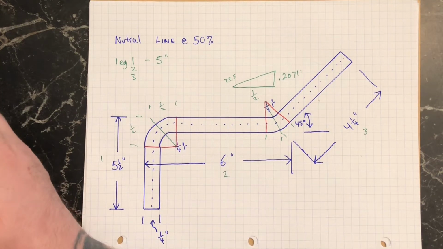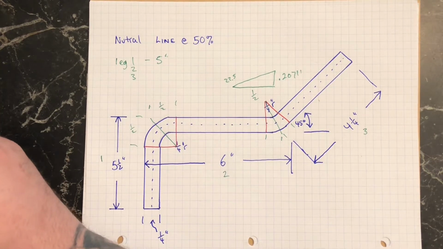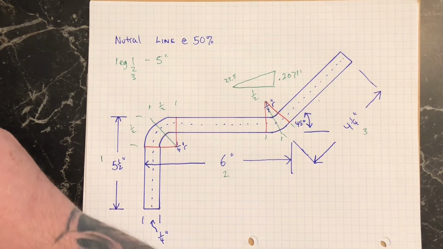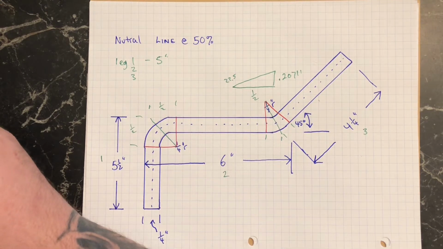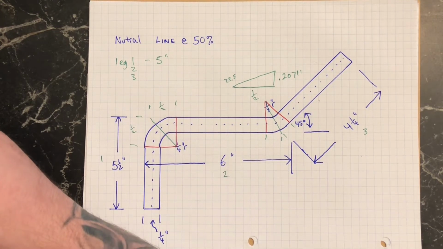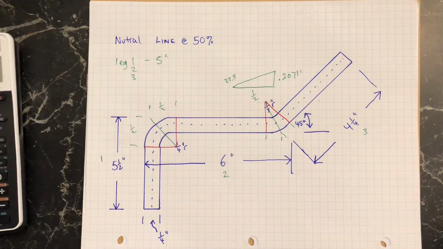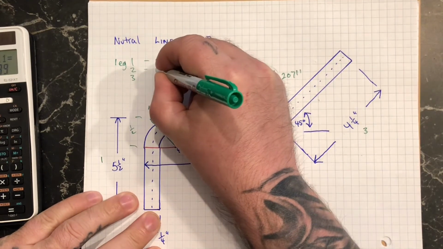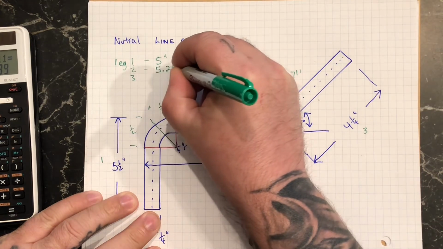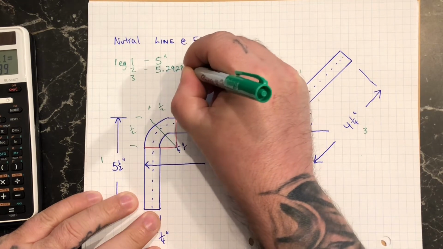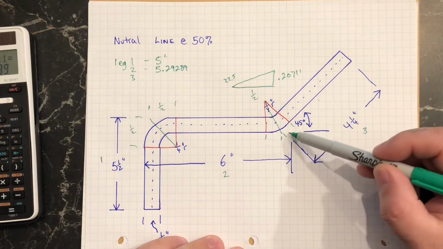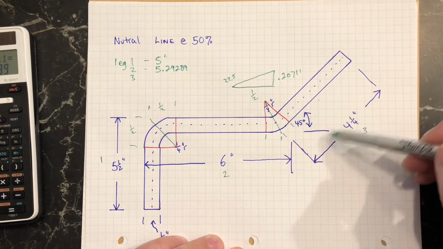So 6 minus 0.5, and then minus 0.20711 equals, I'm just going to leave this in decimals. So leg number two now is 5.29289.